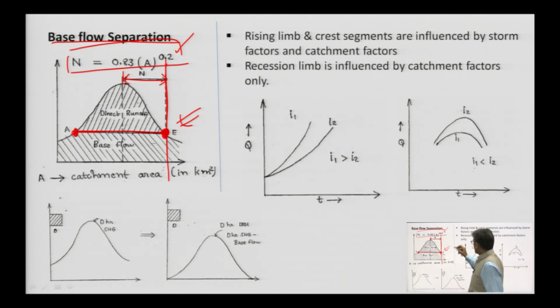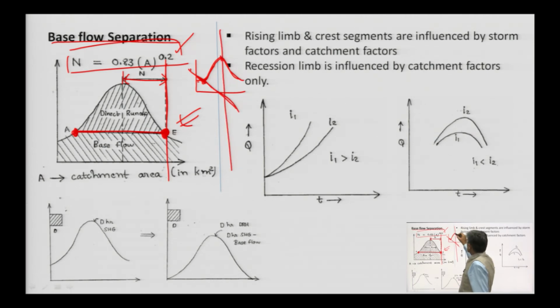We also have other methods, the slope method. What is that? If we have this type of hydrograph, what will we do? We will extend this line, and that point is A, according to that slope.